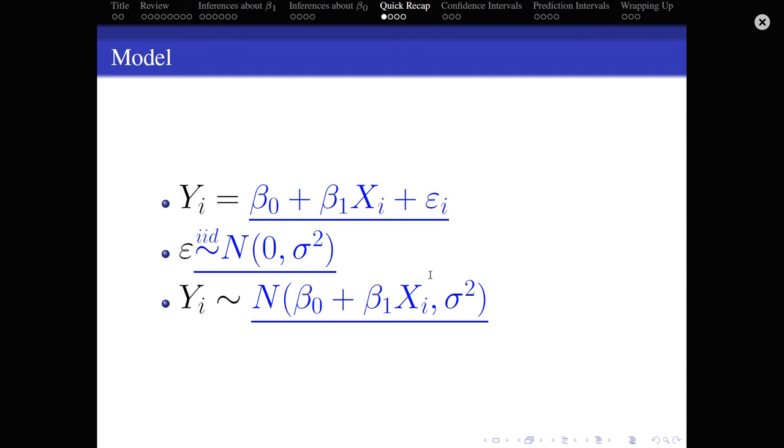The y's are also normally distributed. The mean of the y's, this is y hat, changes depending on x. This is the line. So what we're saying is that the y's are centered on the best fit line, beta 0 plus beta 1x, and the y's have a variance conditional on this fixed model of x of sigma squared as well.